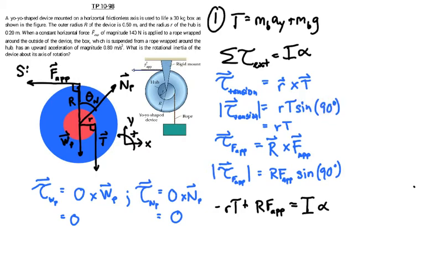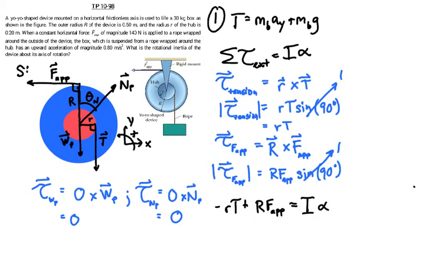Well, we can see from our free body diagram that our position vector of the force and our tension force are 90 degrees apart. And the sine of 90 degrees is 1. And so we can apply that down here as well.